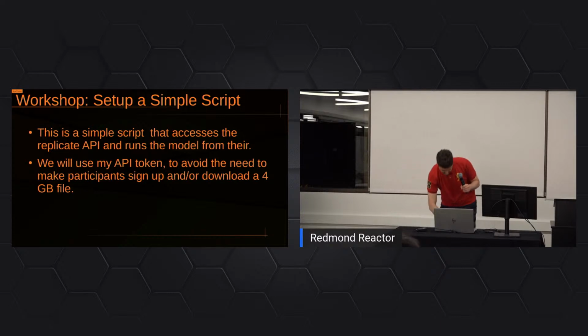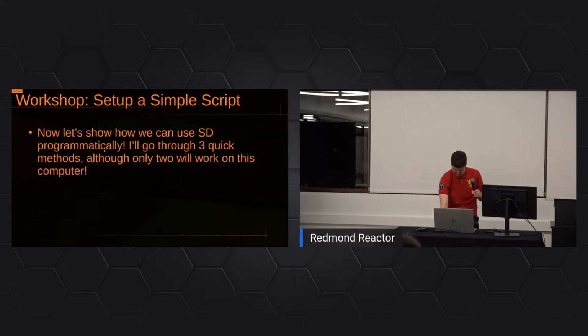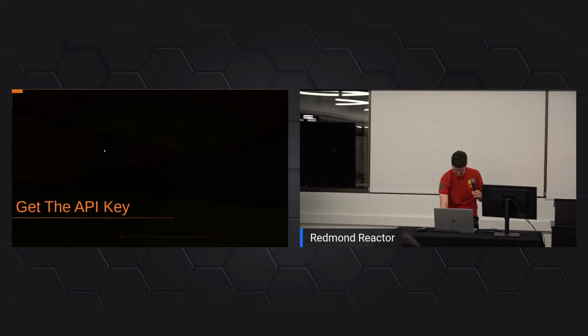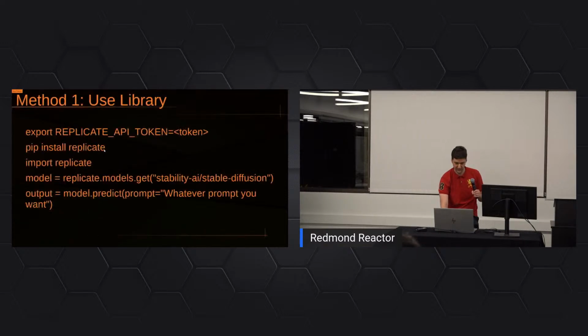So, all right, 3 quick methods. Method 1 is kind of the fastest method that is available. It only works with Python. It's a very quick method to get a result that's good for showing.